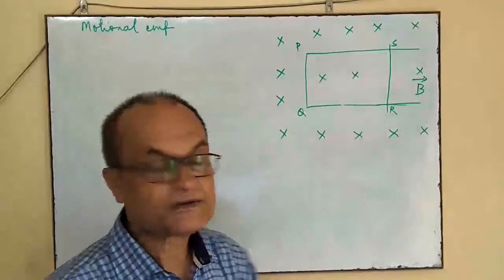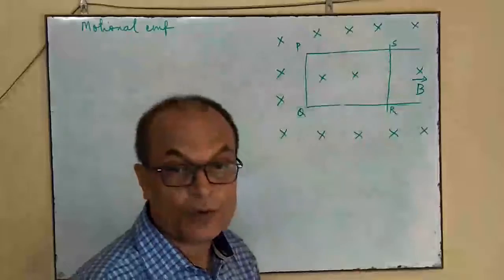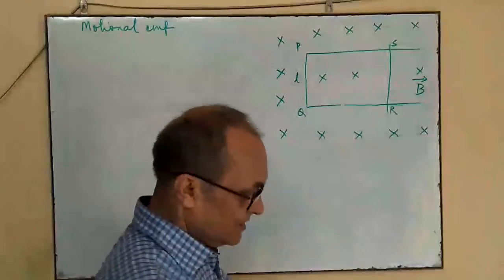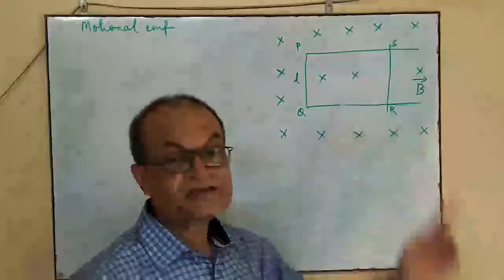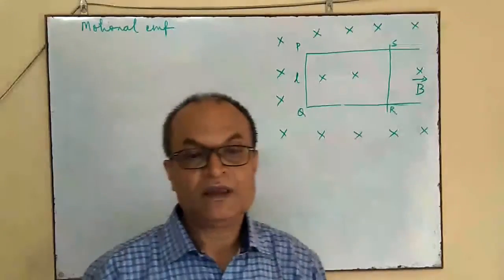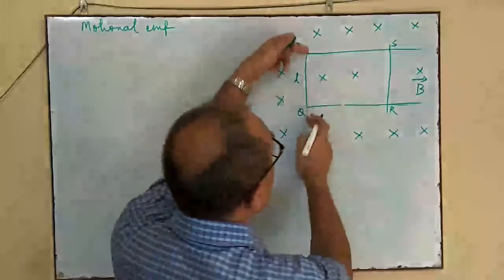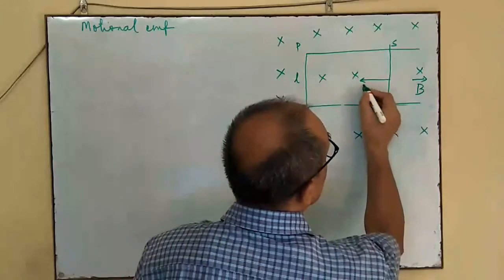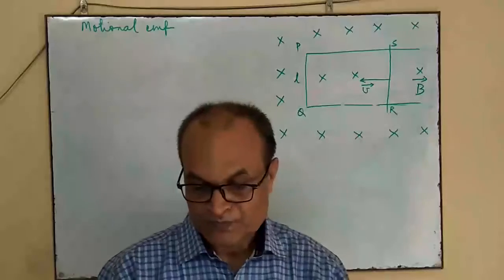And suppose this length PQ and RS will be equal, and that will be equal to L. Now this arm SR is moved by a constant velocity V towards this PQ in this direction. This is the value of V.